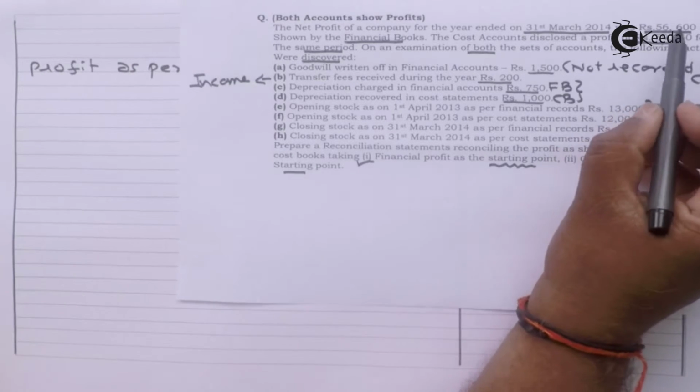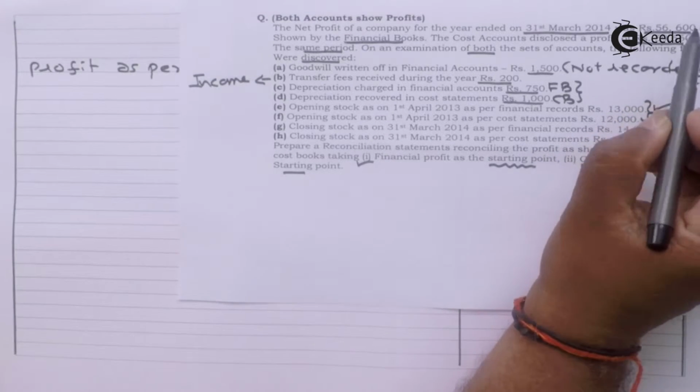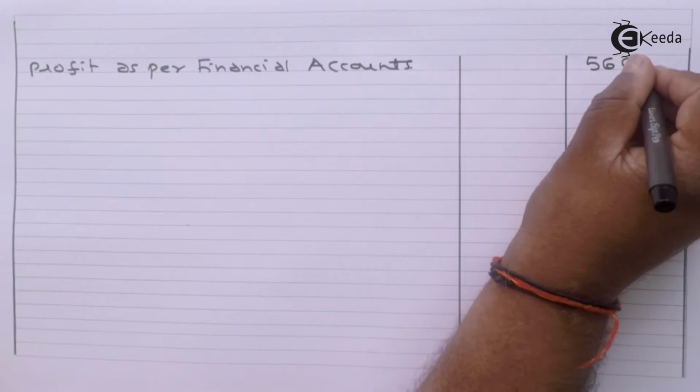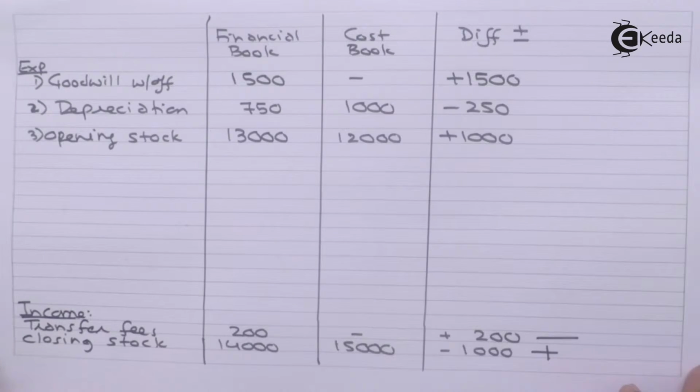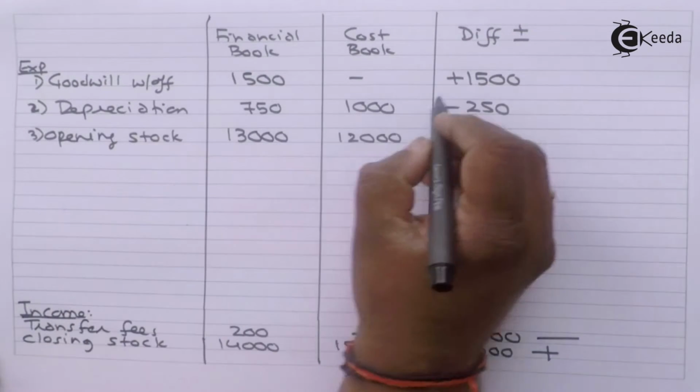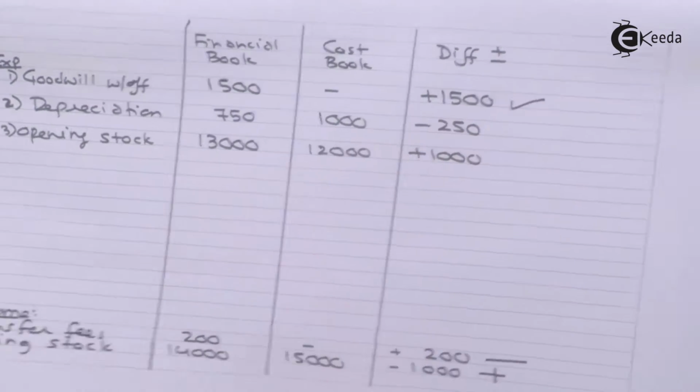Starting point will be profit as per financial book 56,600. To this we are required to add goodwill written off 1,500.